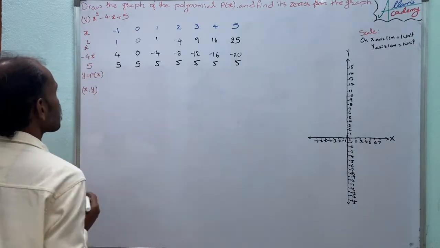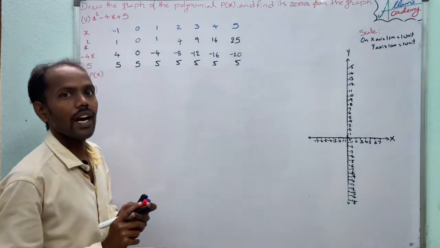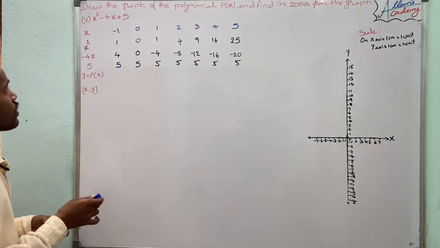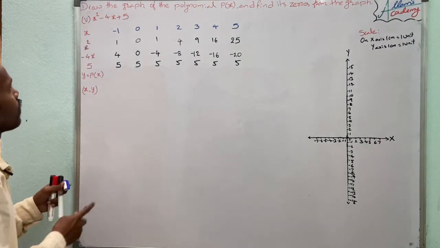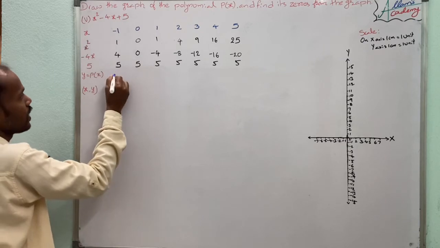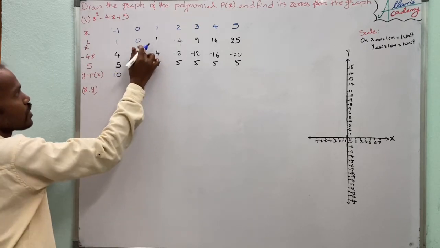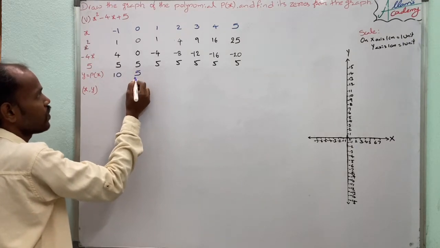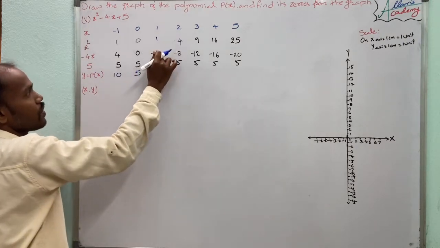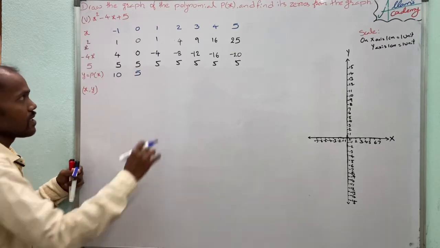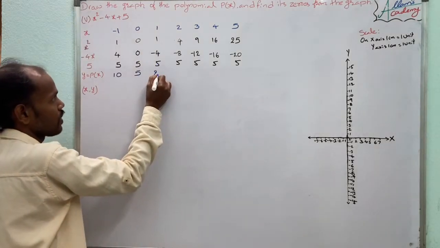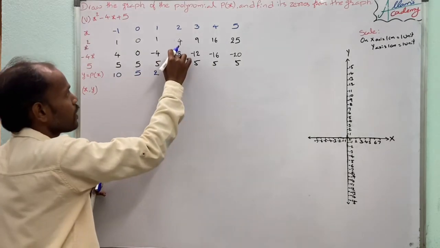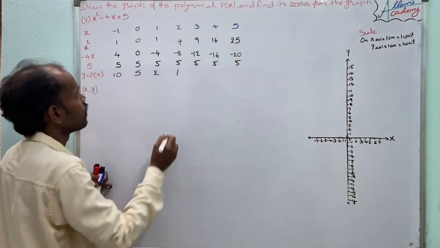Now we add all the numbers. By that addition, what do we get? 1 plus 4 is 5, 5 plus 5 is 10. 0 plus 0 is 0, 0 plus 5 equal to 5. 1 plus 5 is 6, 6 minus 4 equal to 2. 4 plus 5 is 9, 9 minus 8 equal to 1.